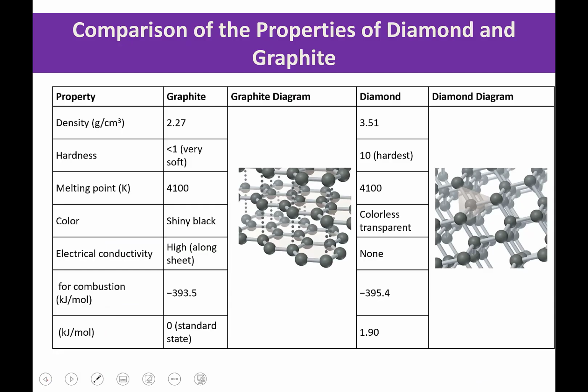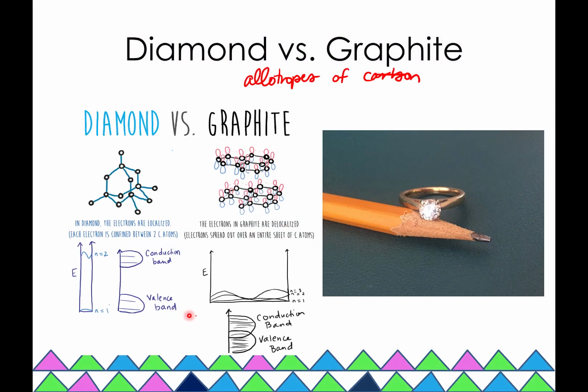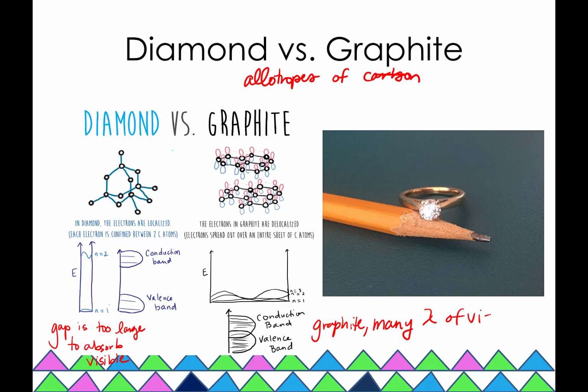You can also understand the difference in color with band theory. So diamond has a band gap that is too large to absorb visible light. Whereas graphite, many wavelengths of visible light will be absorbed.